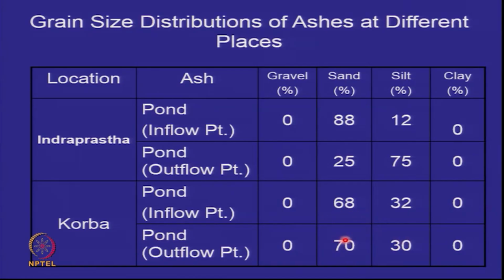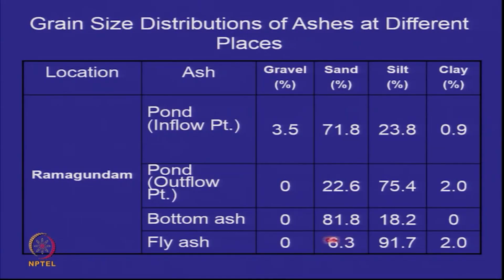That means the outflow point had a pipeline which was depositing material very close to the outflow point. But in bulk of the other cases, the sand is near the inflow point. Others, you're getting some gravel, that means their screen of the clinker grinder is slightly larger.